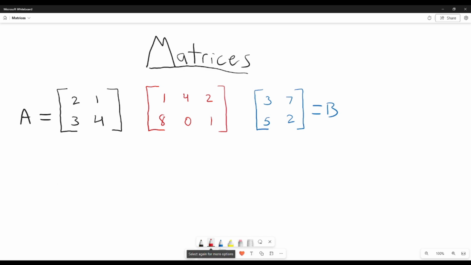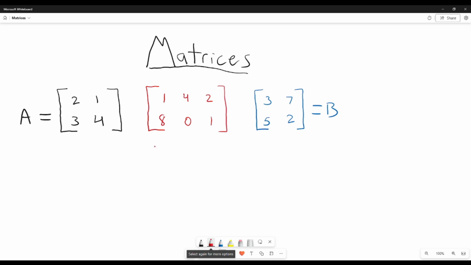You can also multiply matrices. There are generally two ways that you multiply them. The first is by a number, which is often referred to as a scalar. A scalar is a single number that you multiply to every element in the matrix.